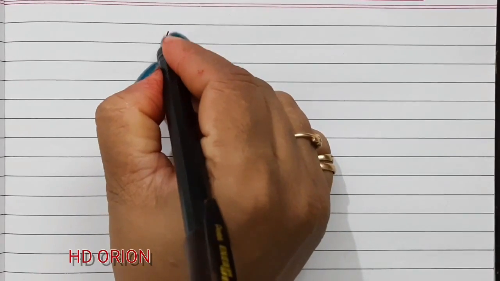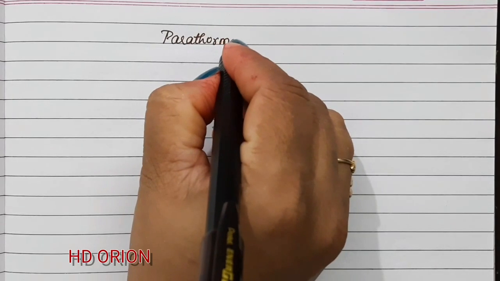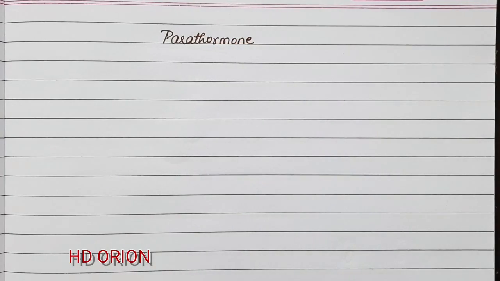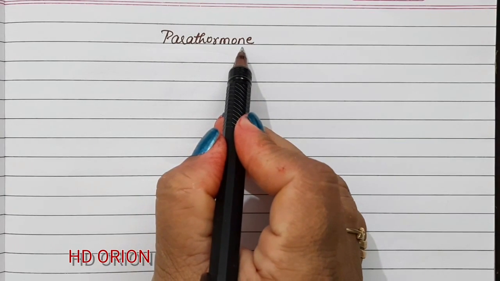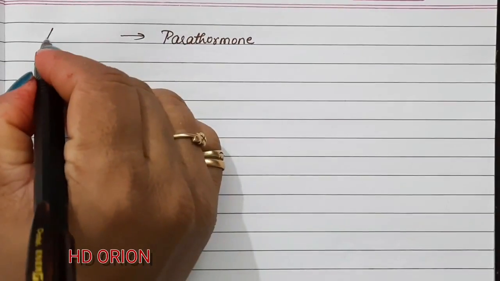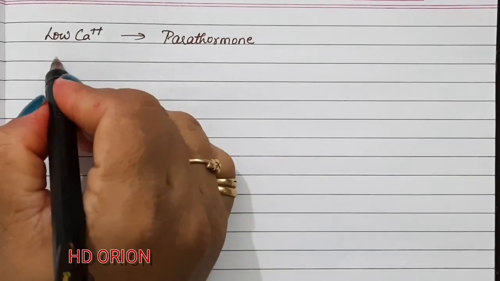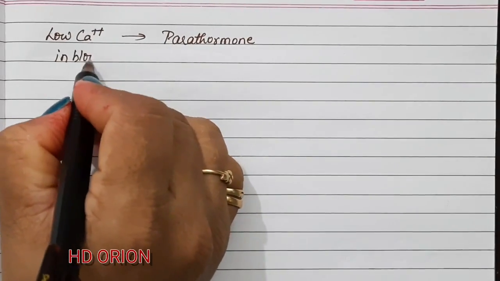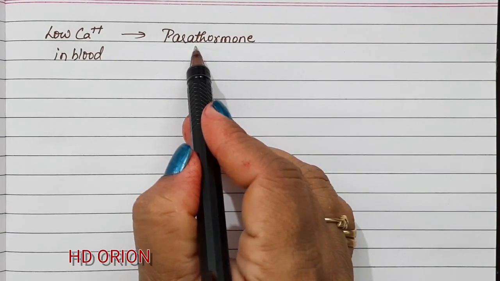Now let us see the mode of action of the parathormone or the parathyroid hormone, which is secreted by the parathyroid gland. When is parathormone secreted? Whenever there is low calcium level. When the calcium ions are low in the blood, automatically the parathyroid gland secretes parathormone.